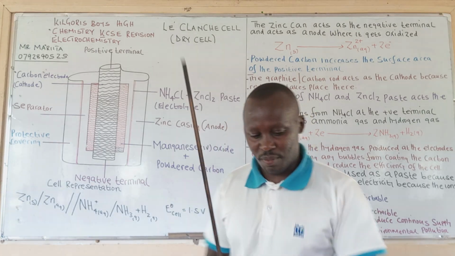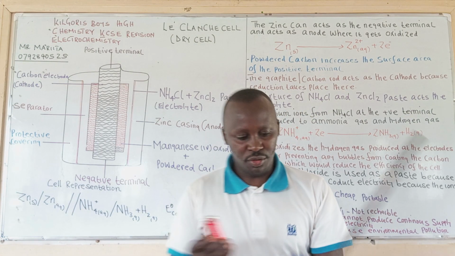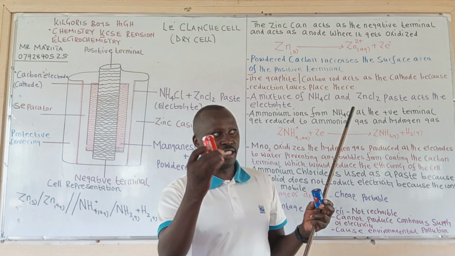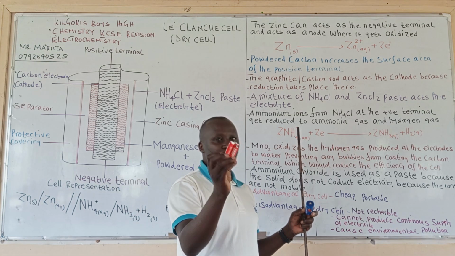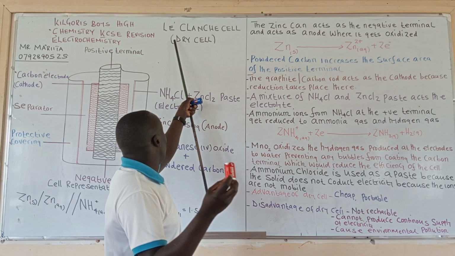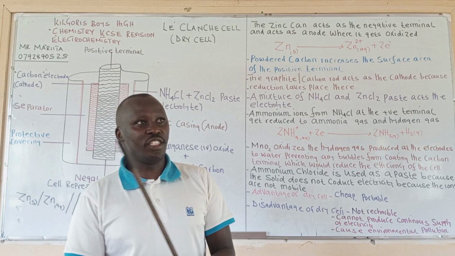So in my diagram of this dry cell, I have two dry cells here. This is a dry cell. Sometimes you can call it the primary cell, or you can call it the Leclanché cell. It has some features.